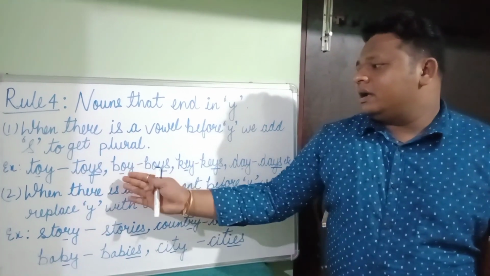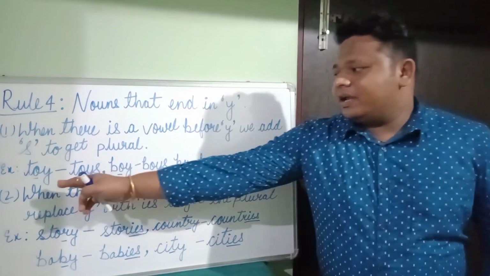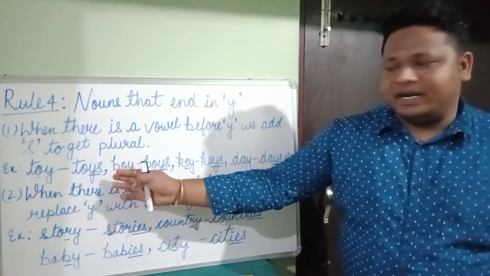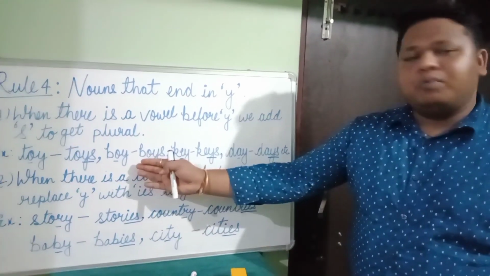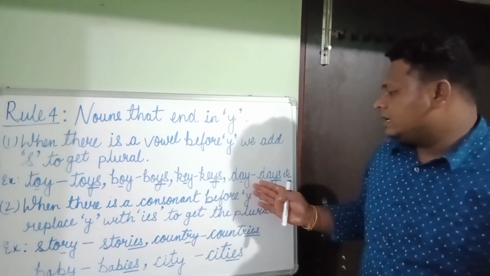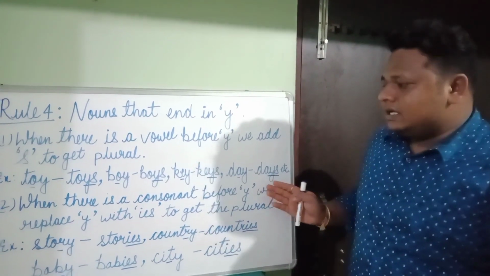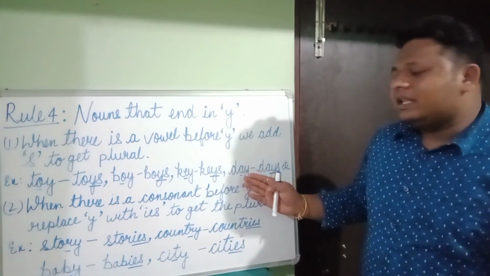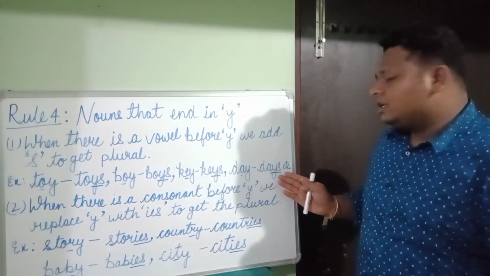Toy, toys. Here there is a vowel before the last letter Y, so we add S and make it toys. Boy, boys. Key, keys. Day, days.